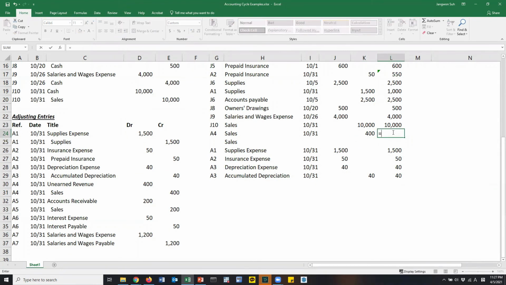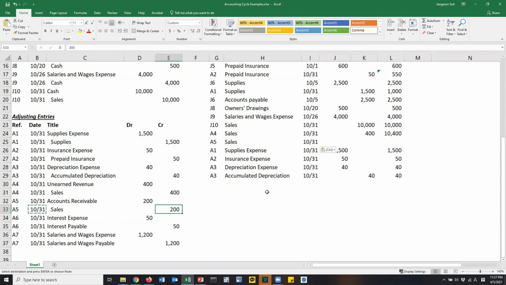So sales, where is its normal balance? Yes, credit side. So to the initial balance, you add credit, subtract debit. Then next sales is here, the same date, and it's 200. You copy and paste, so we can say that the first sales was 10,000. You add up 400 and 200 and end up having sales 10,600.